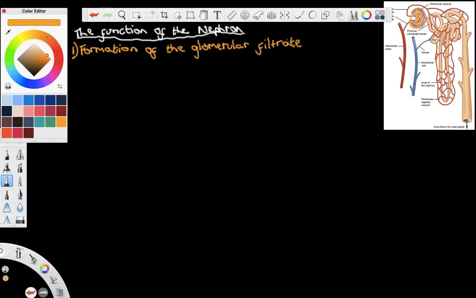Now, the renal artery brings blood to the kidney, which splits into different arterioles, each of which enters a renal capsule. So you will always have the renal artery go into the afferent arteriole, into the renal capsule or Bowman's capsule, and then into an efferent arteriole.